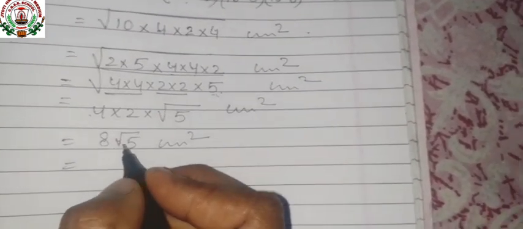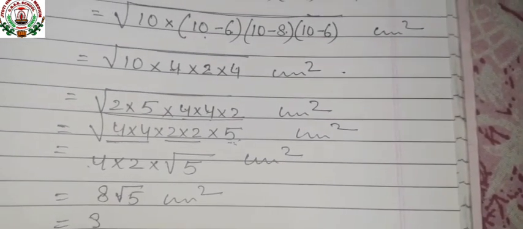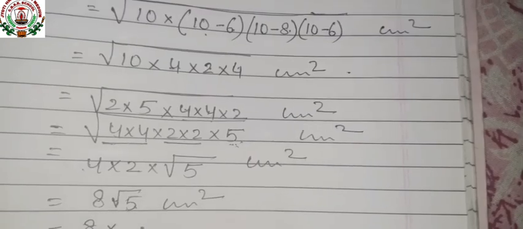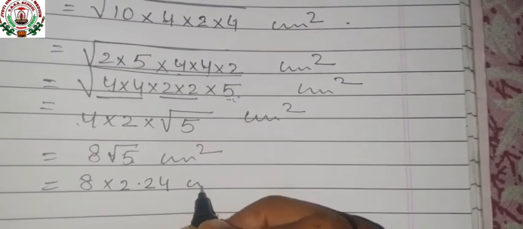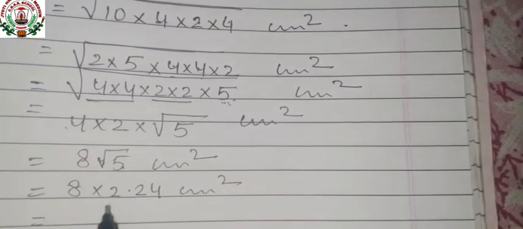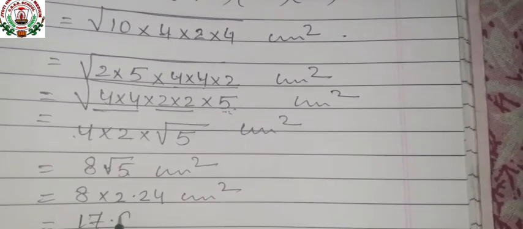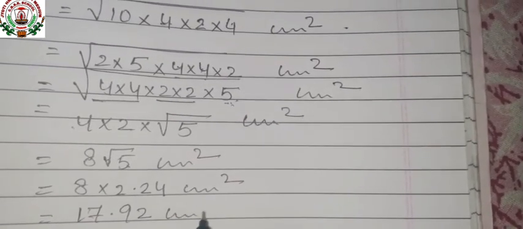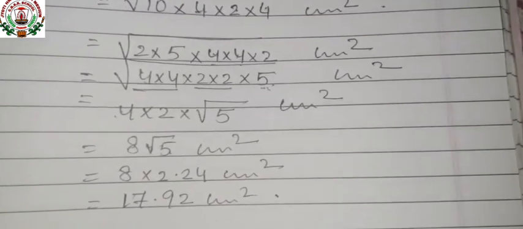Now root 5 value, we know the long division method. In class 8 we have learned how to find the square root of a number. Okay, so using that we will write what? Root 5 value is 2.24 cm square. So on multiplying this, we will get how much? 17.92 cm square. Okay, so now each part we got.